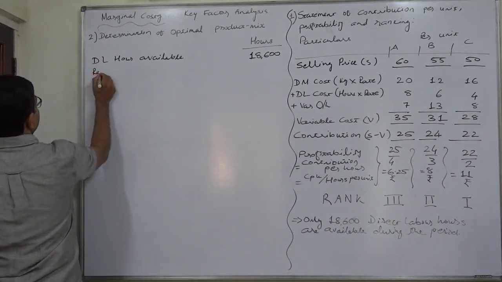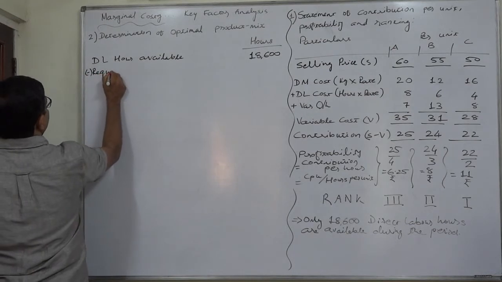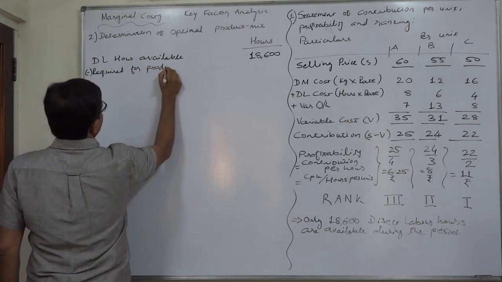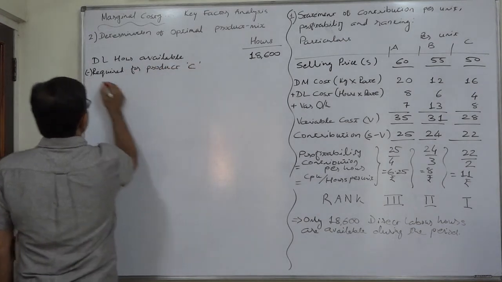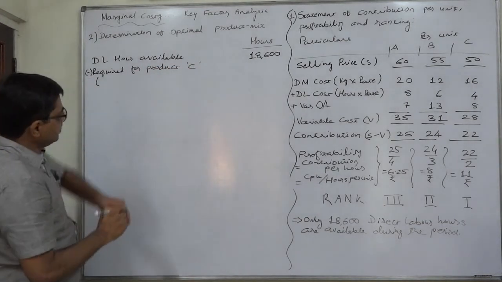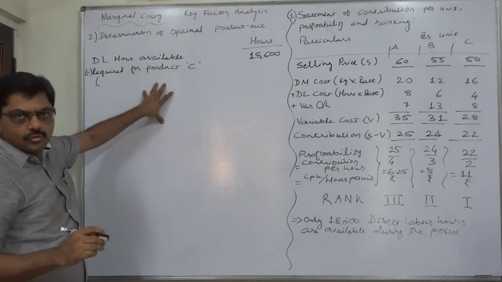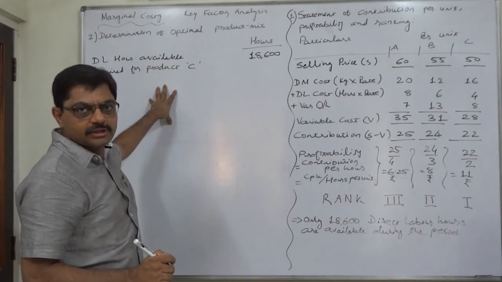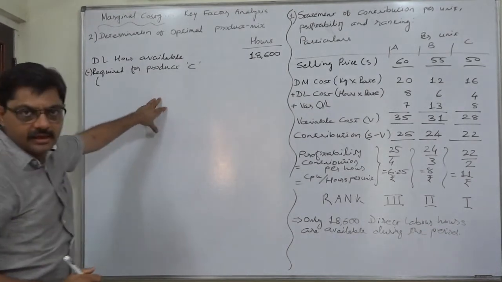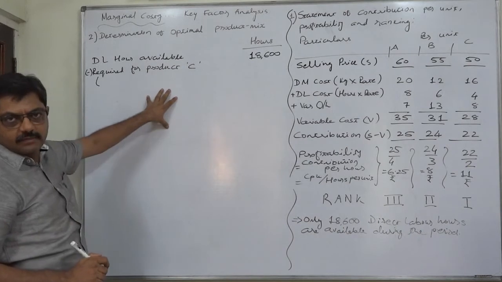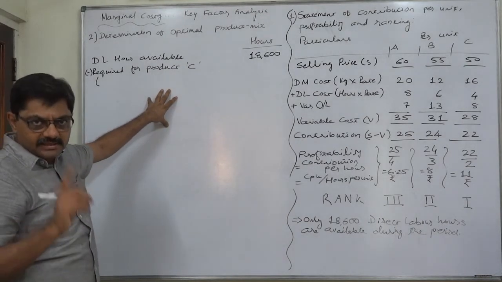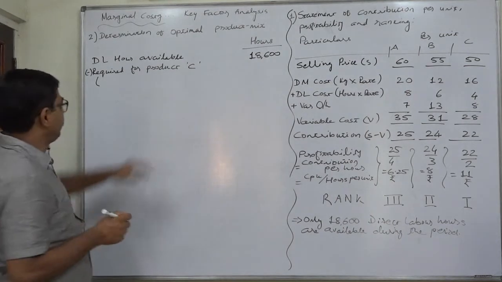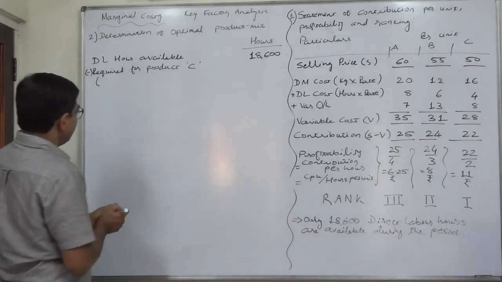So required hours for product C. Remember, in this statement we need to consider the number of units of maximum possible sales or the demand. Here we should not consider the budgeted number of units. The budgeted number of units should be considered only for calculation of total fixed cost in this type of problems.